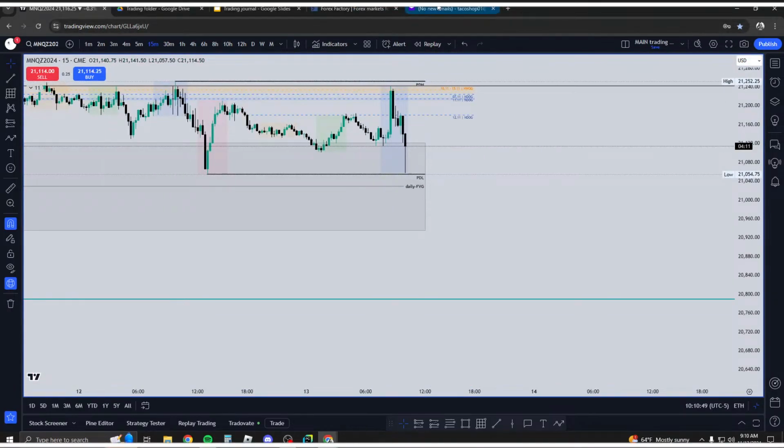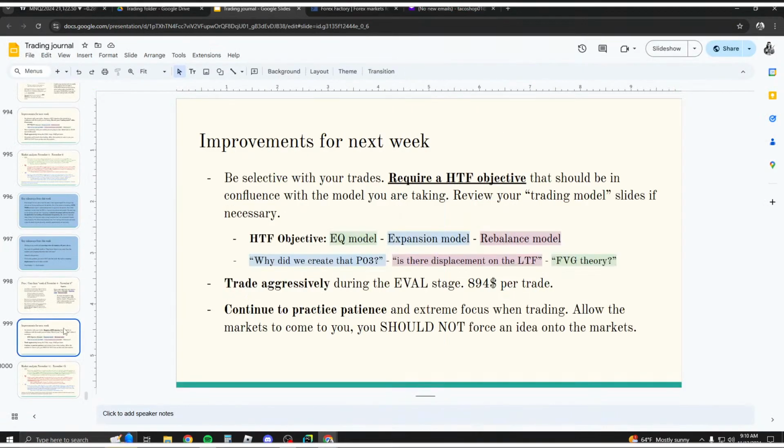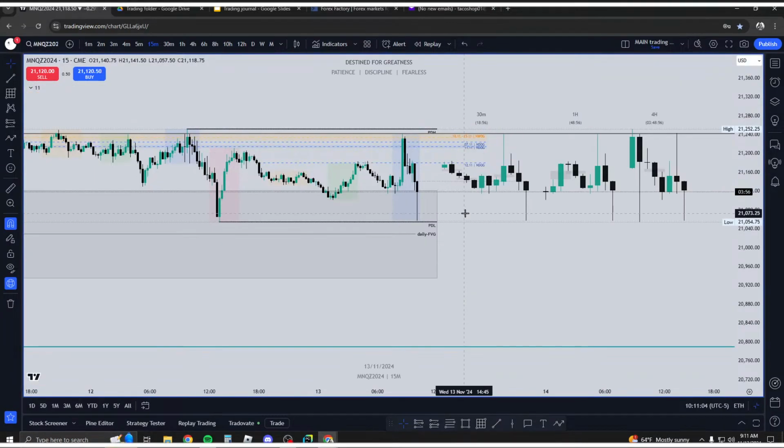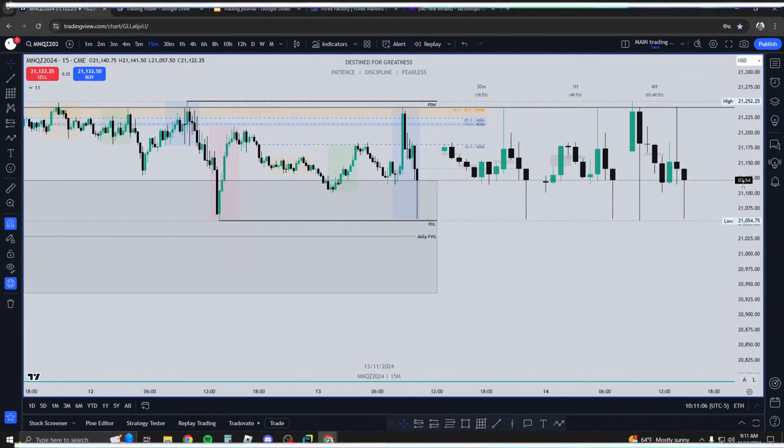And yeah, that's that. Here are the improvements. Like I said, being selective with your trades, requiring the higher time frame objective, and requiring an entry pattern. Why didn't I take the model that I saw today? I didn't see an entry pattern that presented itself.